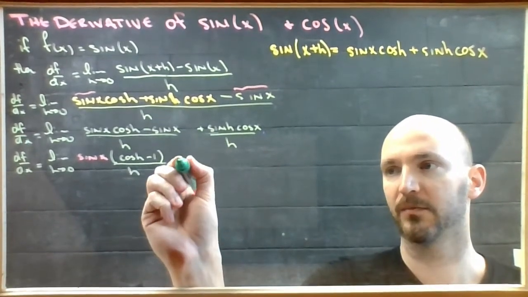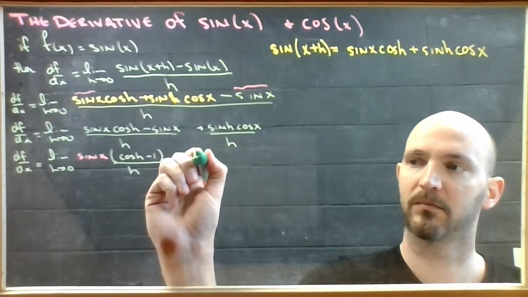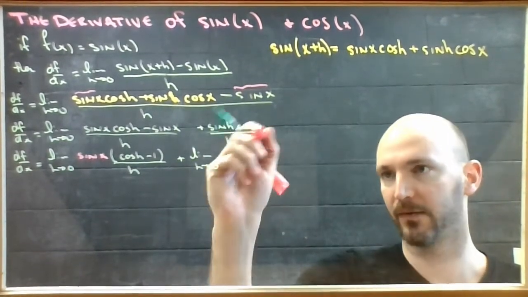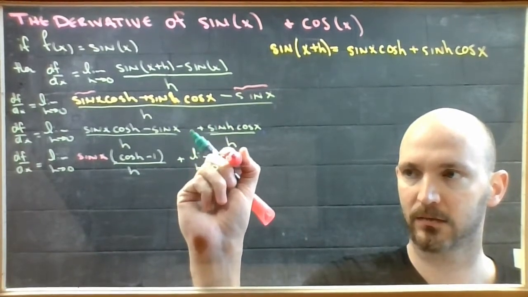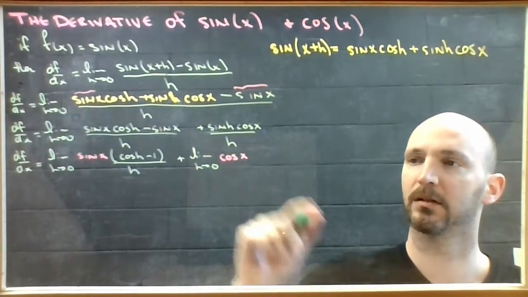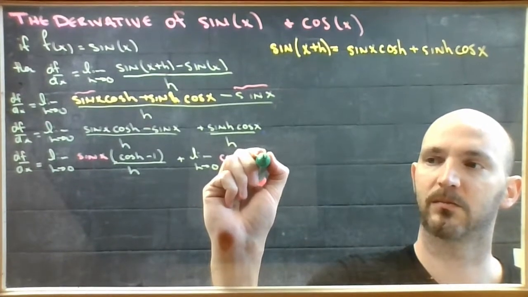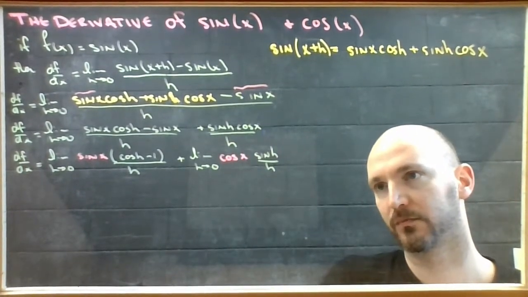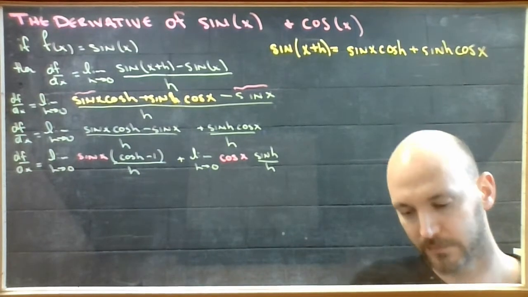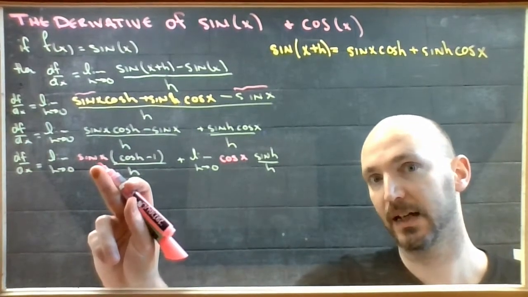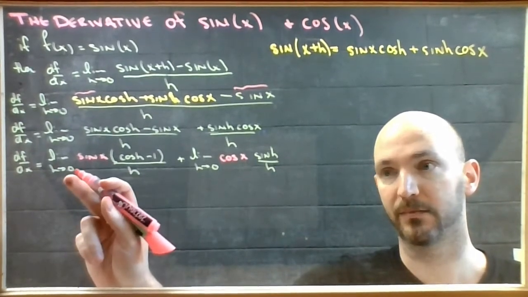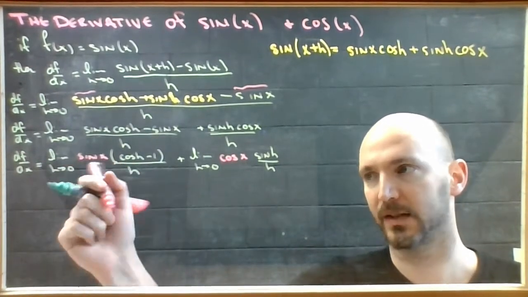And in this term, I have the limit as h goes to 0 of a cosine x with a sine h over h. Alright. Now, do you notice that this cosine x does not have an h in it? So this limit has no effect on it. So I'm just going to write it on the other side.